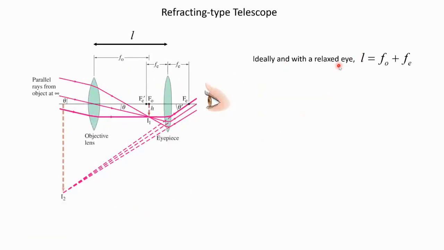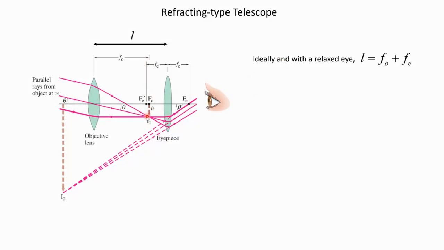So ideally, with a relaxed eye, the length of the telescope, which is the distance between the objective lens and the eyepiece, is just the sum of the focal distances of the objective lens and the eyepiece. In this diagram, there's a little distance here which is not quite zero.